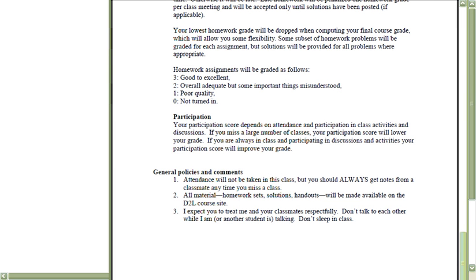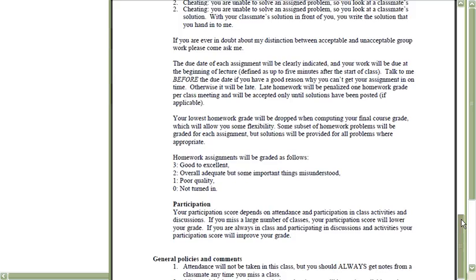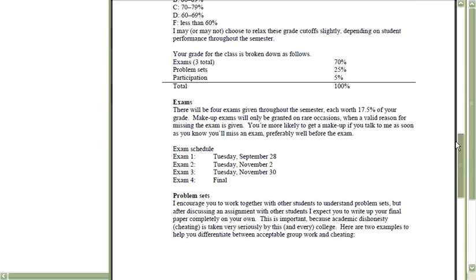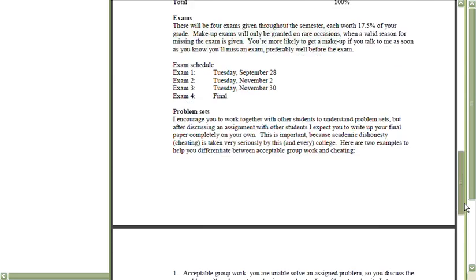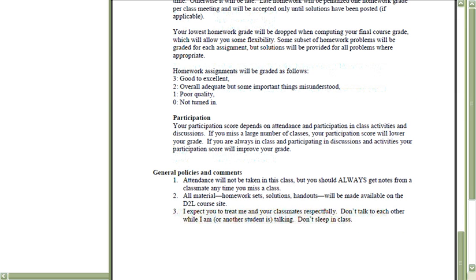Okay, participation. I said that's worth 5% of your grade. The 70% and the 25% are calculated numerically. This 5% participation score you can think of as a fudge factor.